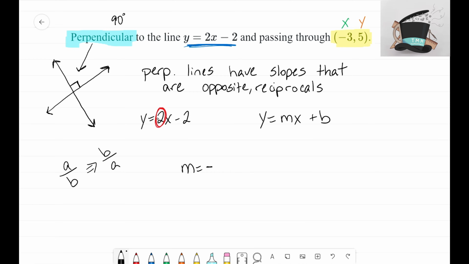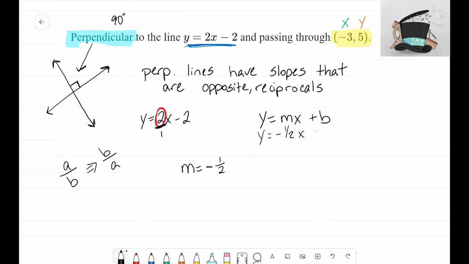If I have a slope of 2, really that's 2 over 1, and the reciprocal would be 1/2. So my slope for my new line is going to be -1/2.